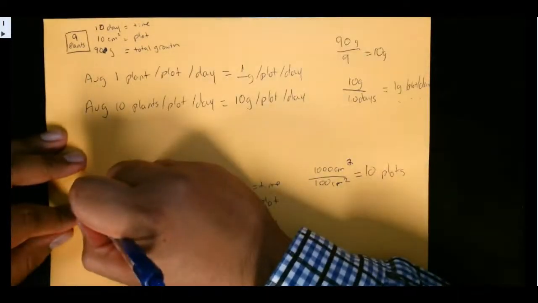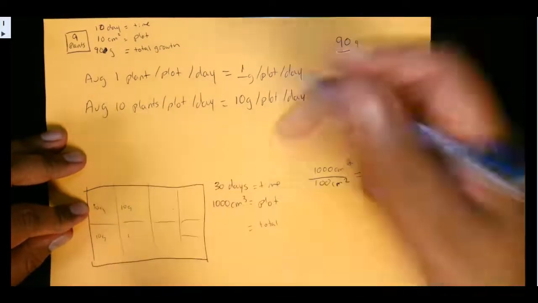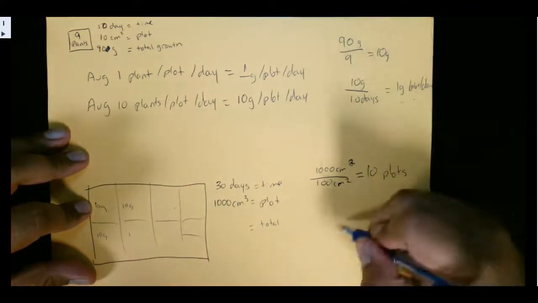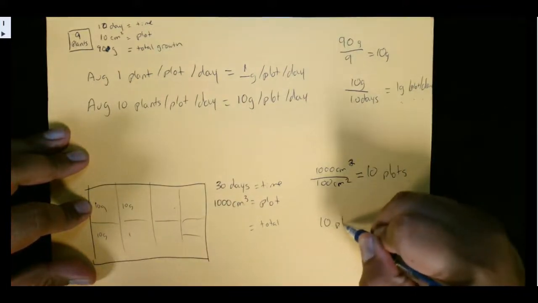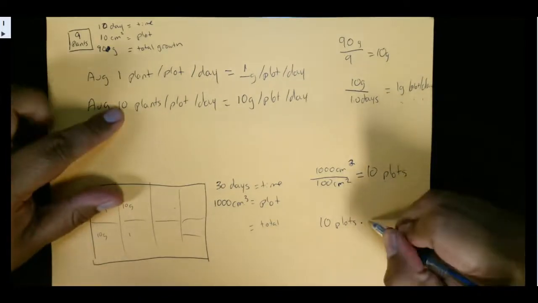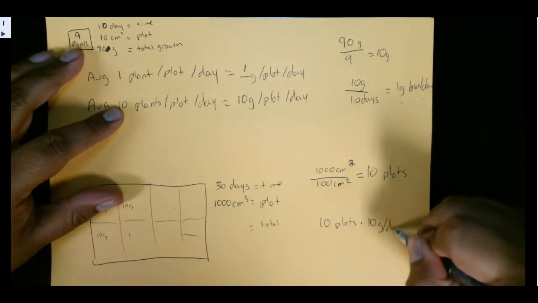So that would be 10 grams, 10 grams, 10 grams, you get the idea. So 10 plots times 10 grams of growth per day.